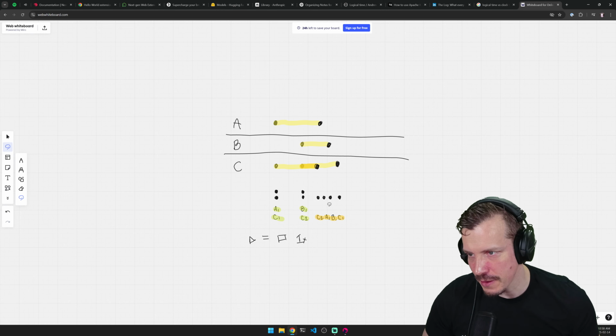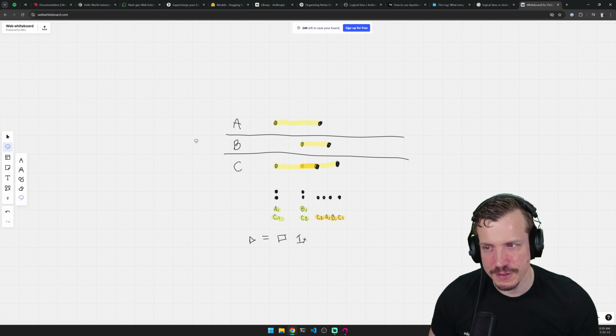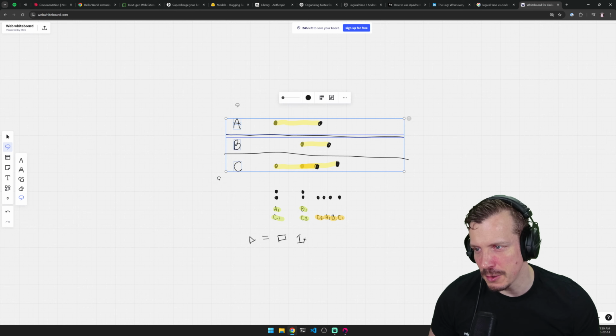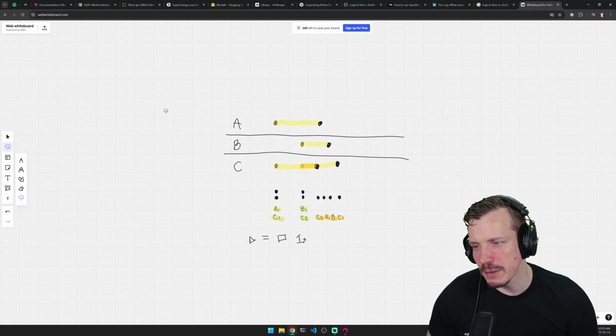One of the problems I think with this diagram is this stuff. I don't really care about what node starts the event. That's only relevant if I'm looking to understand, in the confines of an individual node, whether something is in order.